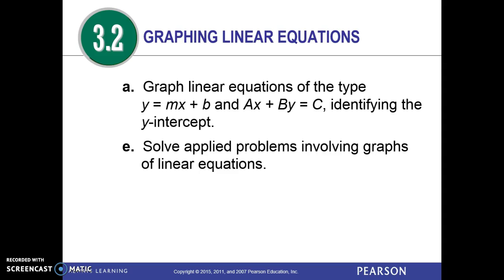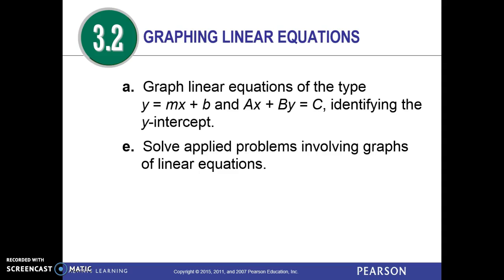The a, b, and c in the second equation just represent numbers. And in the first equation, the m and the b just represent a number in that particular example. Keep that in mind. You're not going to see all those letters in your equations.